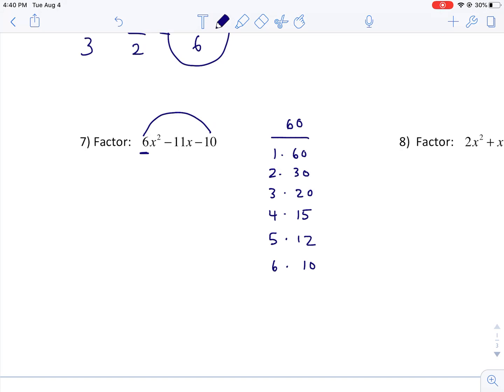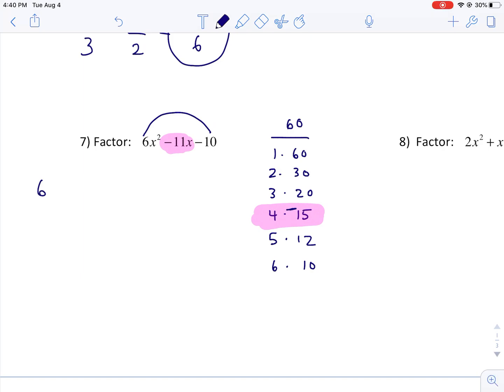And what do we want to do? We want to find two numbers that we can add or subtract to get a negative 11. And of course, if you look at these, it's kind of tough. But these guys here will give me a negative 11, provided I have a positive 4 and a negative 15. So what does that mean?